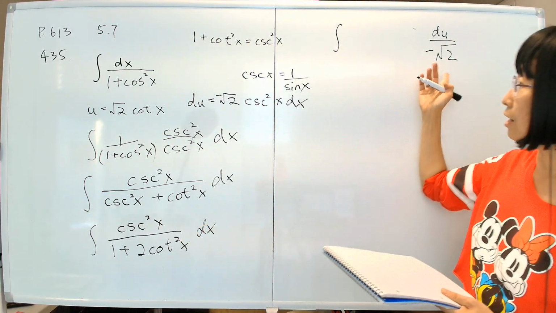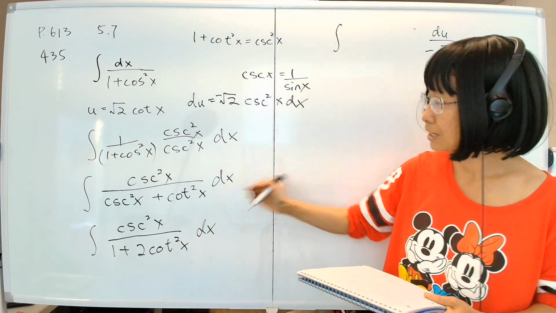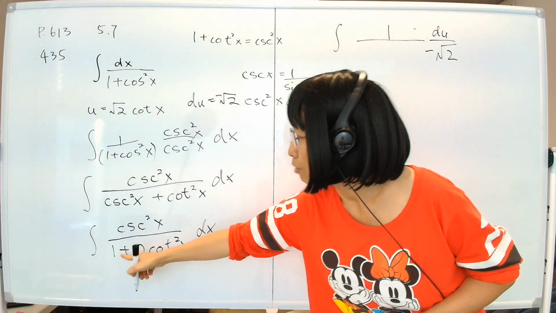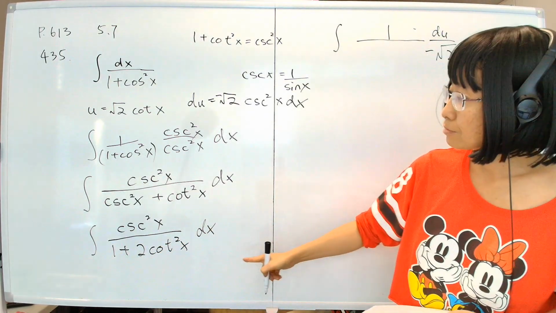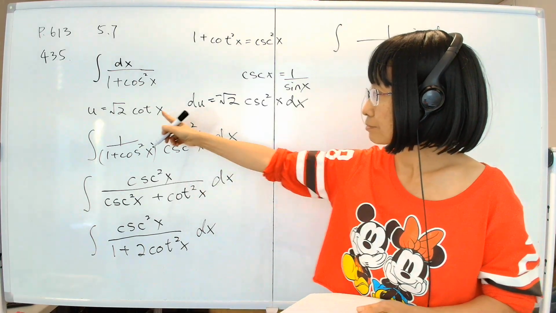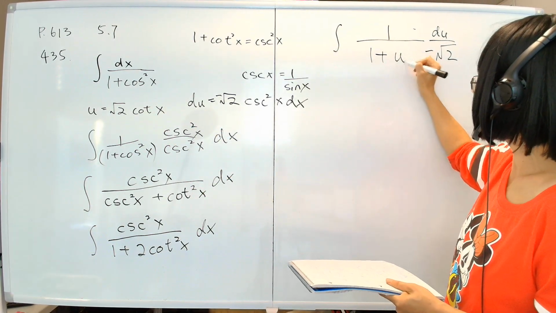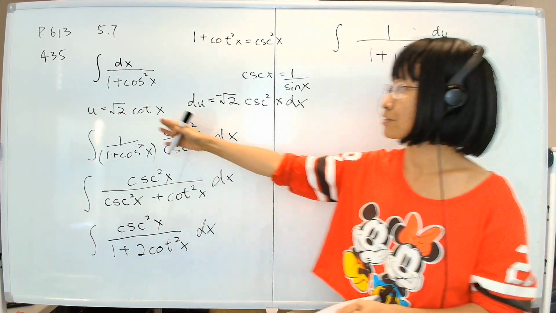That took care of the top, right? We double check, we didn't forget anything. So then we only have to worry about the bottom. What's the bottom? 1 plus 2 cotangent squared. That's basically u squared, so it becomes 1 plus u squared. You see, that's why there's a square root of 2 here.